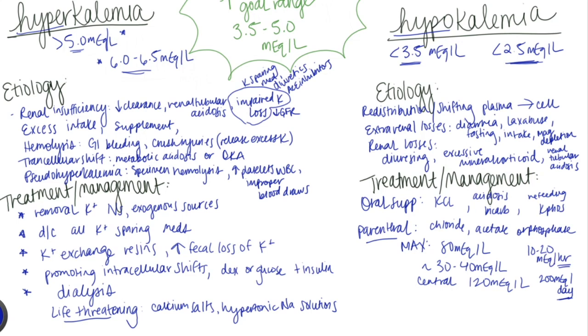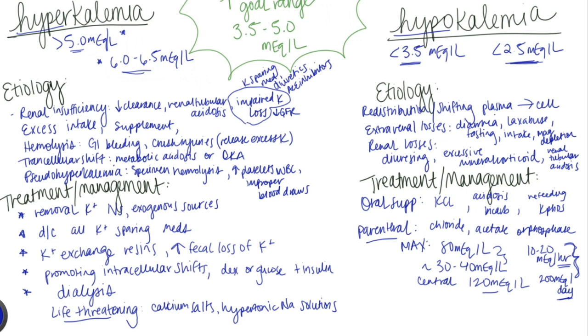So again, keeping in mind that peripheral is going to have some limitations per liter just to reduce the vein irritation. Central has a little bit higher opportunity for potassium administration there, but overall you really don't want to exceed these values for each hour and overall for the whole day.